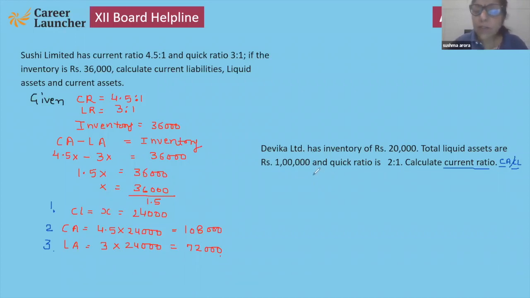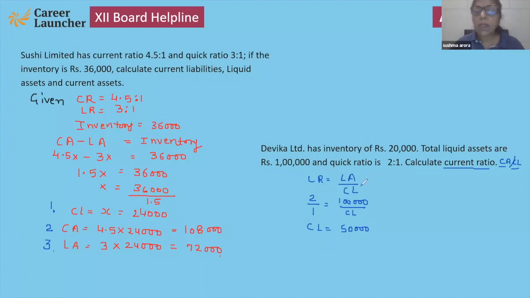Very good. See, quick ratio means liquid ratio. Formula is liquid asset upon current liability. So in place of liquid ratio, we have to put 2/1. We know that liquid asset is 1 lakh. So we can calculate current liability by cross multiply. So now current liability is 50,000.